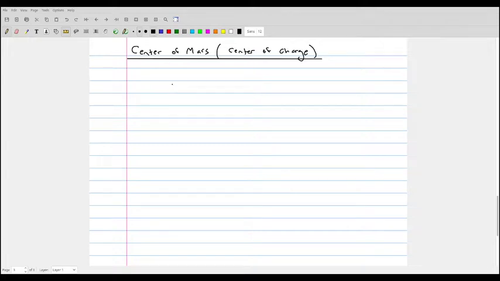So the x-coordinate of the center of mass, given a density function, is going to be the moment, it's called the first moment, about the yz plane over the total mass. We have the formula for the total mass before, using the triple integral.